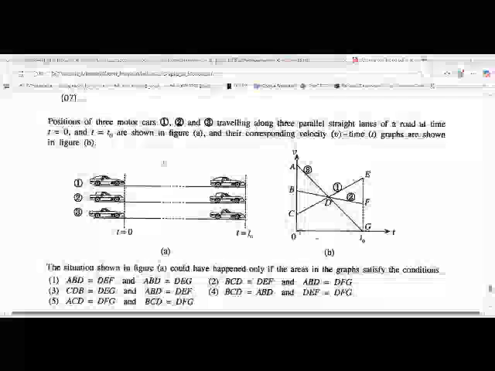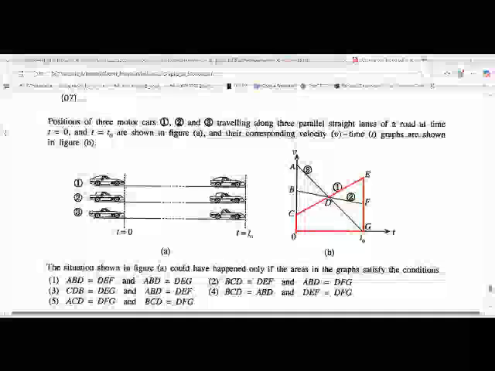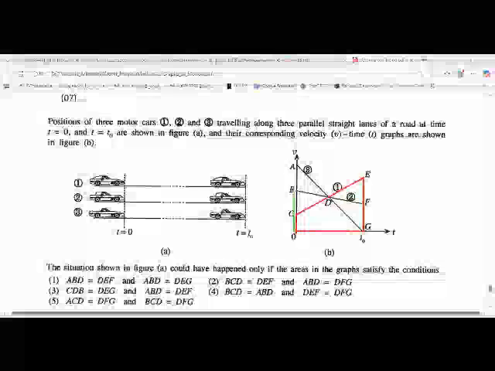Motion of the first car means this trapezium. The second car may represent this trapezium. I will draw it outside to see clearly.